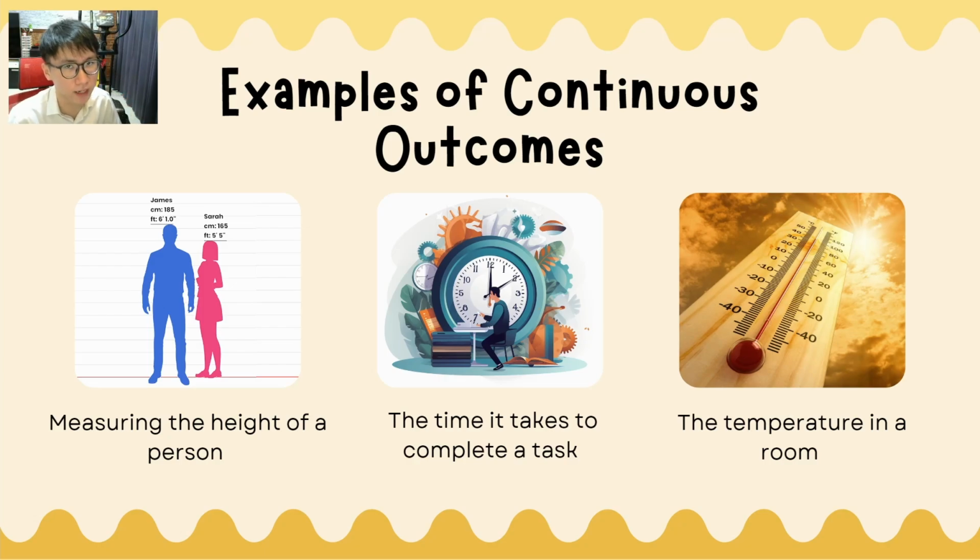It's uncountable, and it varies. It doesn't have a fixed set of values. The temperature in a room can be in decimal points, and it's not fixed again, so it's continuous. We have to use continuity correction for these outcomes and for these trials.